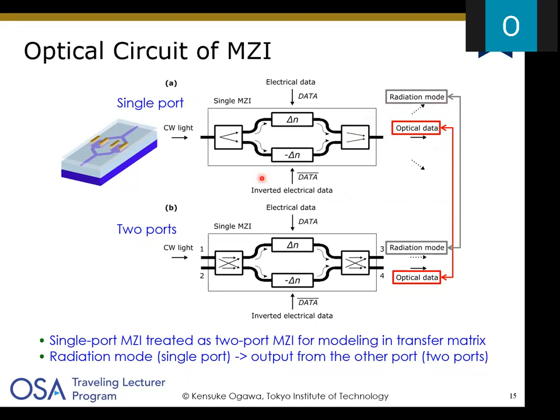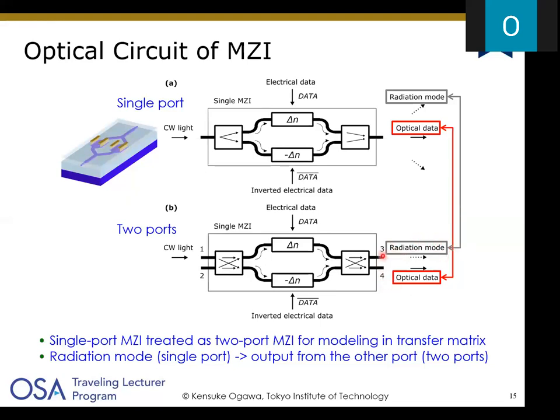So if you convert this single-port conventional Mach-Zehnder interferometer scheme into a two-port scheme, you can assign one of the ports as the output port, and the other port is for the radiation mode.